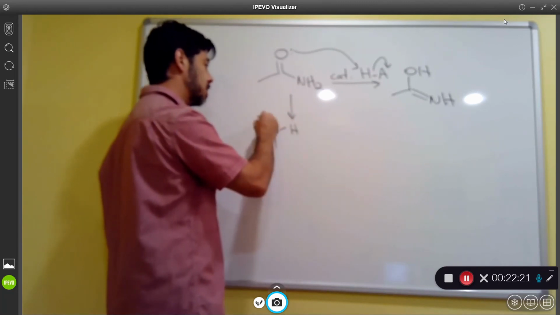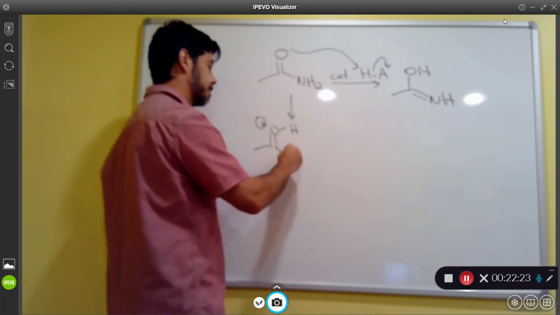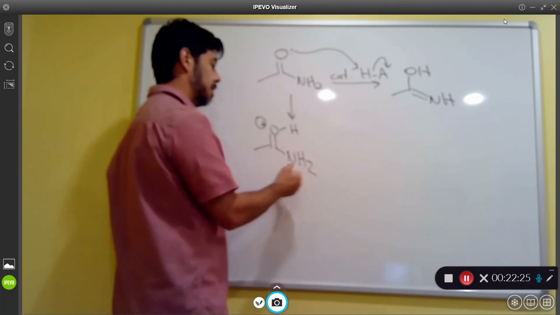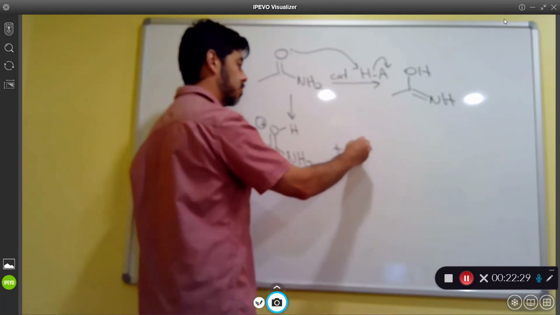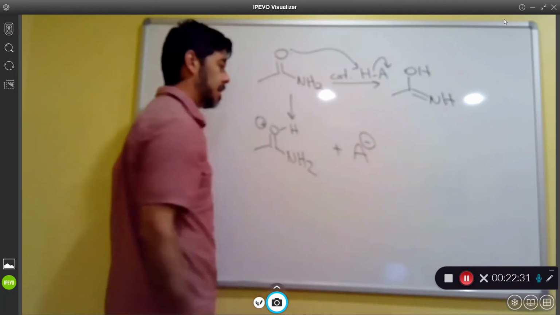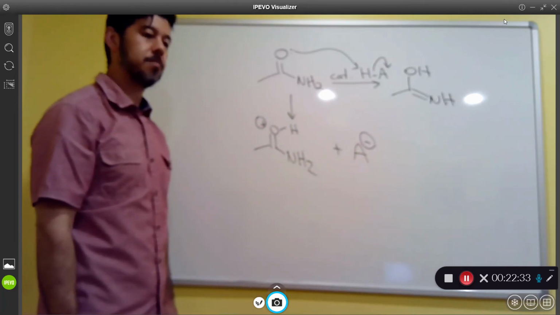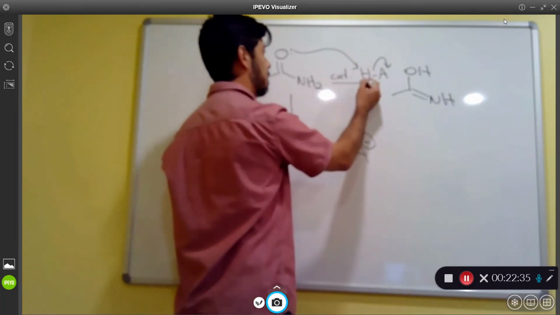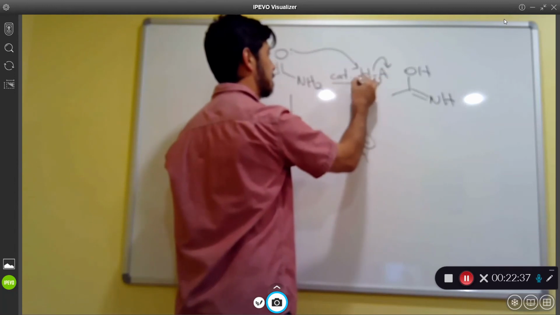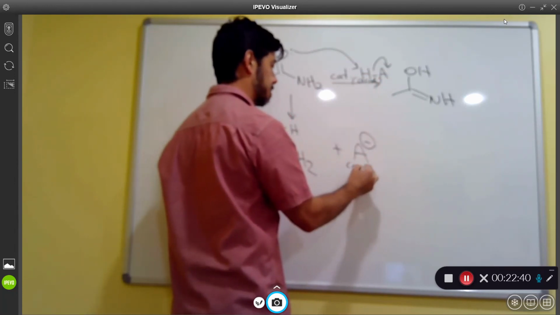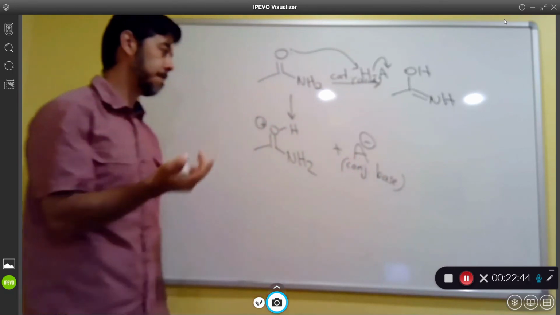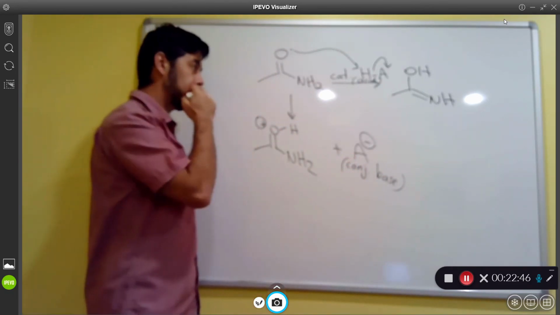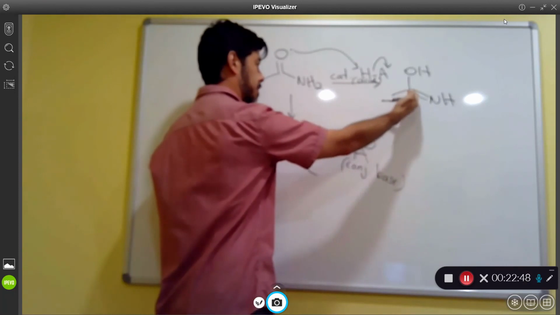What this will look like is a structure that's now positively charged, and then what you will have left is the conjugate base. So remember, this is your acid, this is your conjugate base.